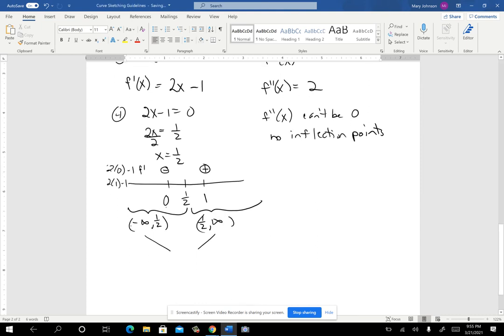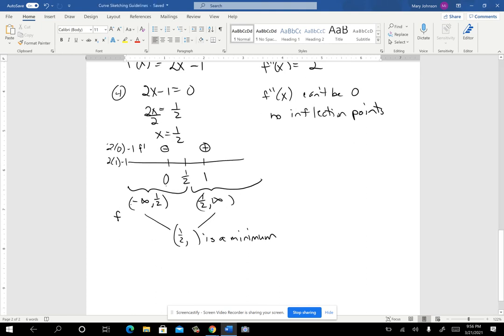Now you can use that to determine that 1/2 is a minimum, because this is what f is going to look like. It's going to be decreasing followed by increasing, which makes that point a low point. You see it?